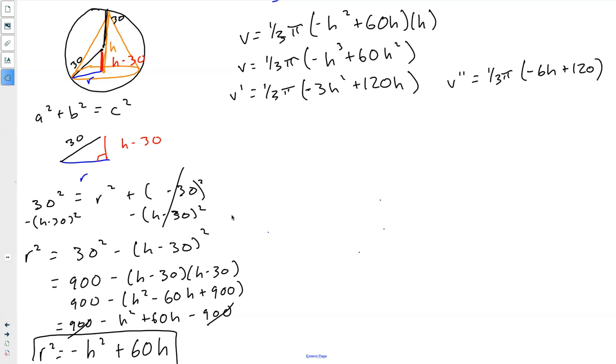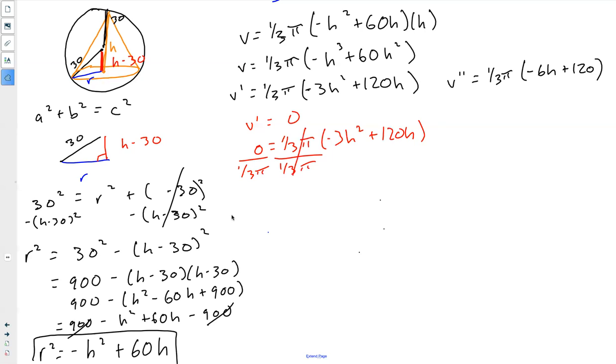Okay, so let's find the critical values for our first derivative. Okay, so 0 is equal to 1/3 pi times negative 3h squared plus 120h. Right, so let's get rid of 1/3 pi.